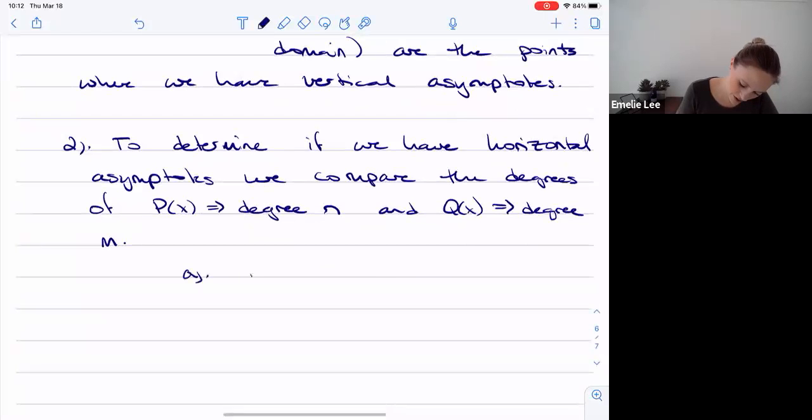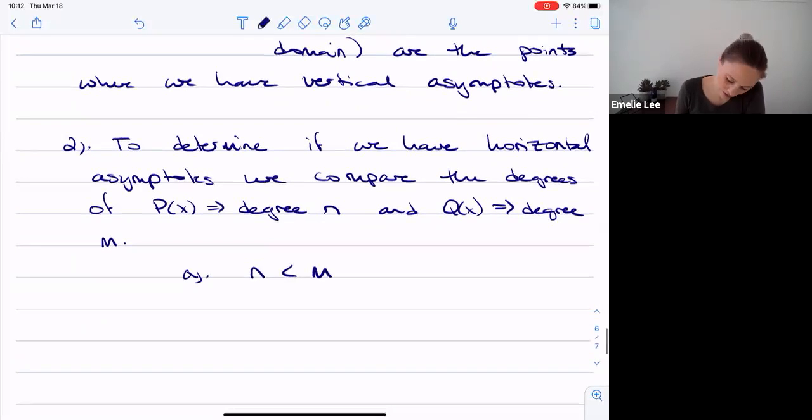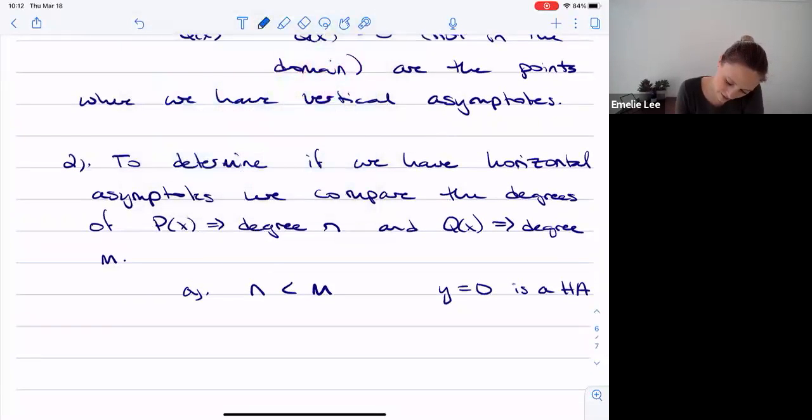The first option is n is less than m, then y equals 0 is an HA, shorthand for horizontal asymptote.